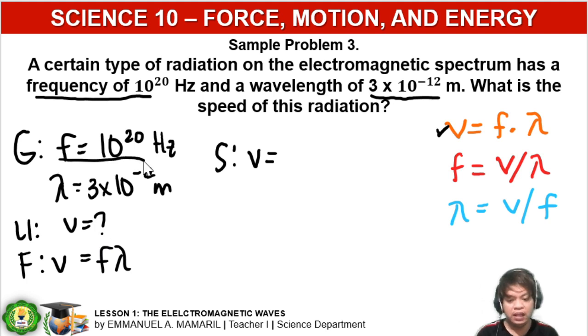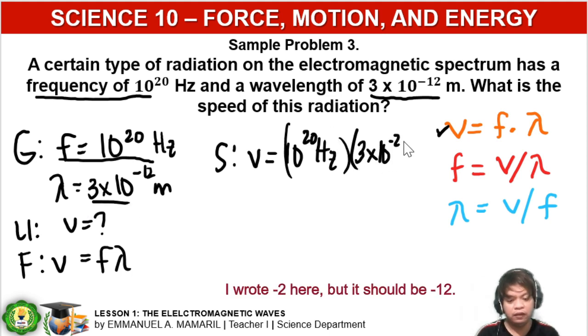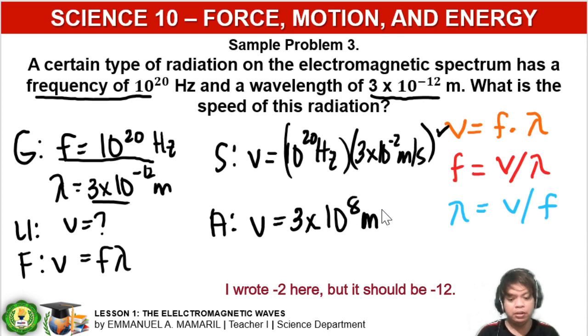So the frequency is 10 exponent 20 hertz times the wavelength, which is 3 times 10 exponent negative 12 meters. Again, if you input this in your scientific calculator, the answer here will be speed is equal to 3 times 10 exponent 8 meters per second.